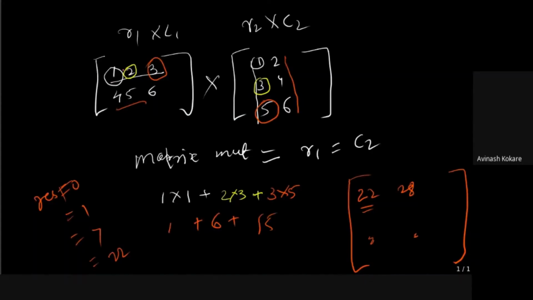Because your first matrix should change along the first row 1, 2, 3, and your second matrix should change along 1, 3, 5 here. So in the second matrix the row index must be changing and the column index must be constant.